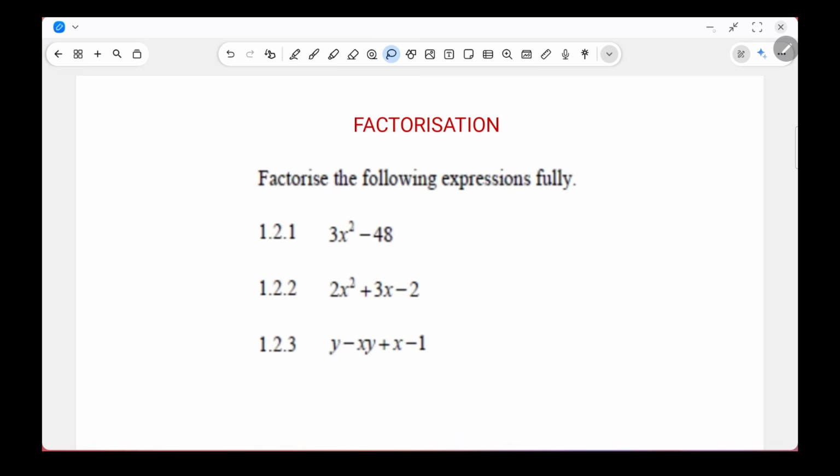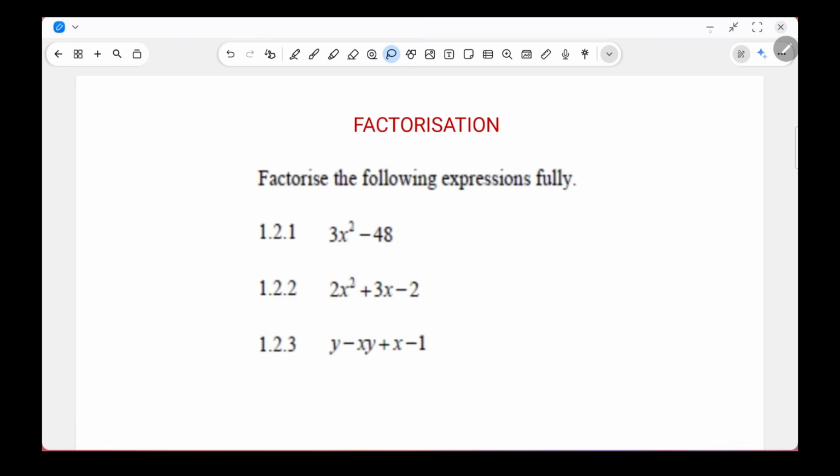Remember, factorizing is the reverse of expanding. If you can expand brackets correctly, you can also factorize them correctly. Before I end this video, I need you to solve this question. Then I will show you how to solve those questions in the next video.